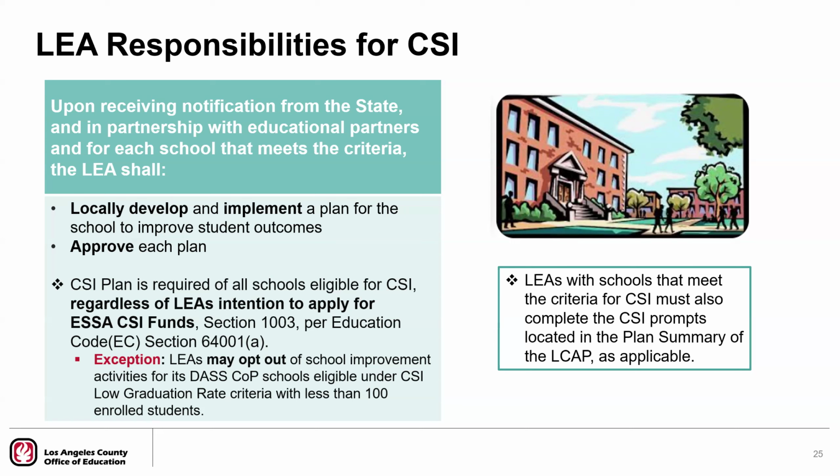And we'll be taking a closer look at this exception in the next section of this presentation. And then lastly, LEAs with schools that meet the CSI criteria must complete the CSI prompts that are located within the plan summary section of the LCAP.